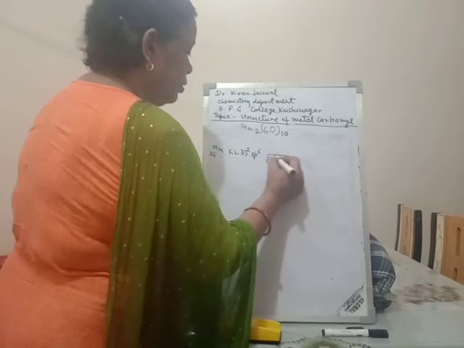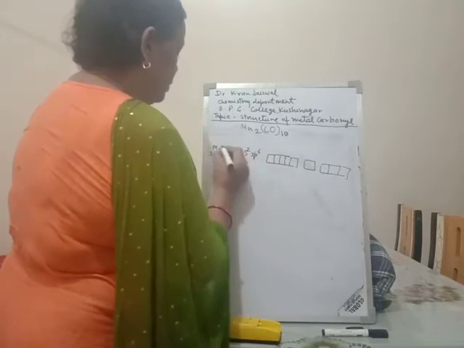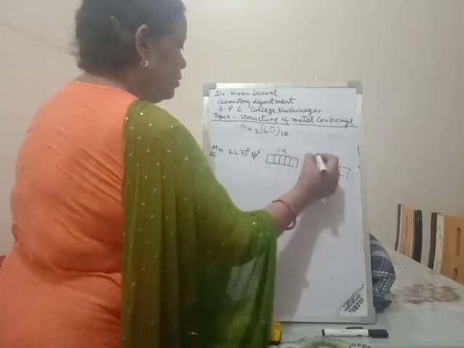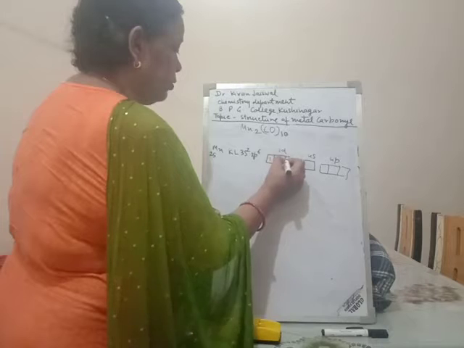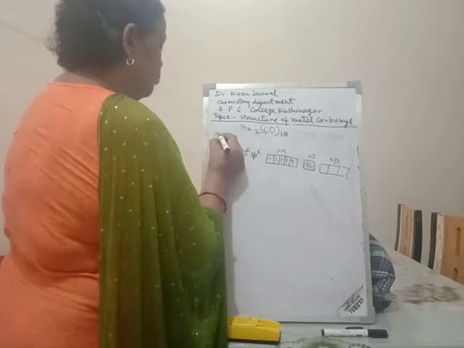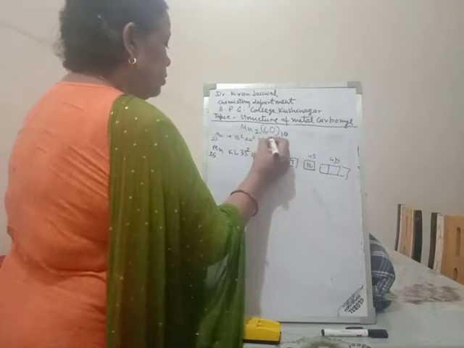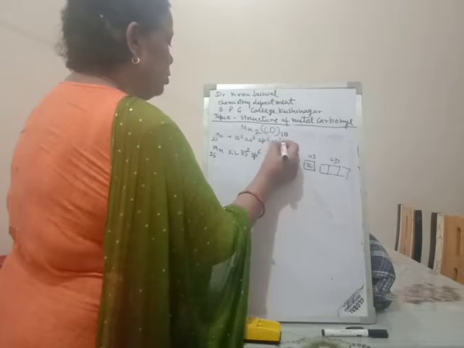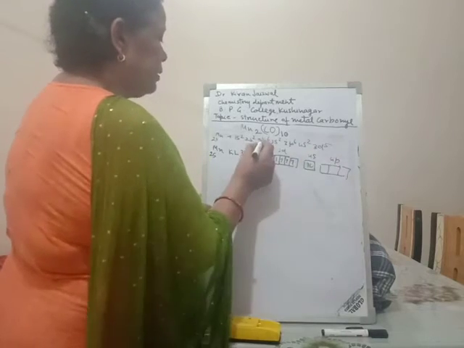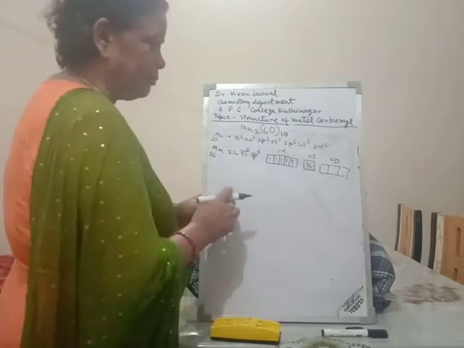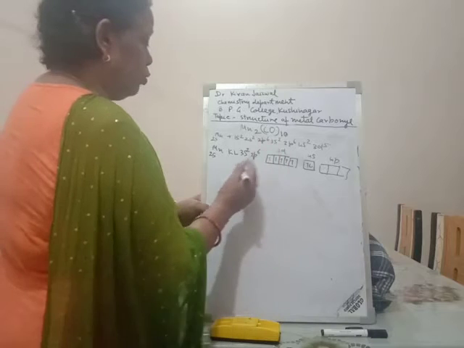The electronic configuration of manganese can be written as 1s2, 2s2, 2p6, 3s2, 3p6, 4s2, 3d5. This is a d5 system. In the d orbital there are 5 electrons, and in the s orbital there are 2 electrons.